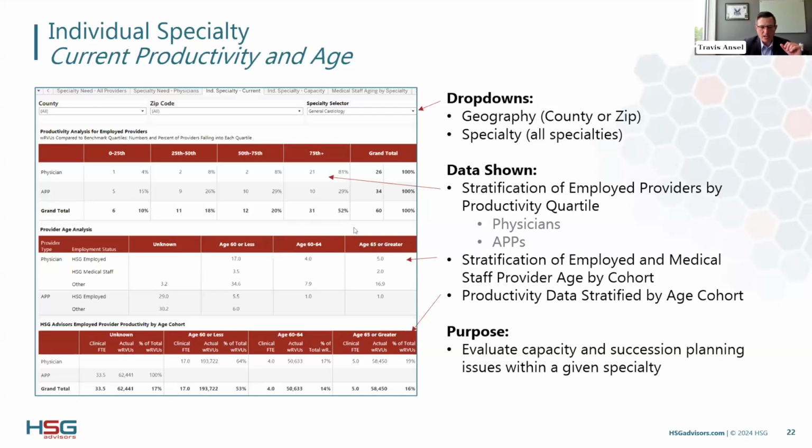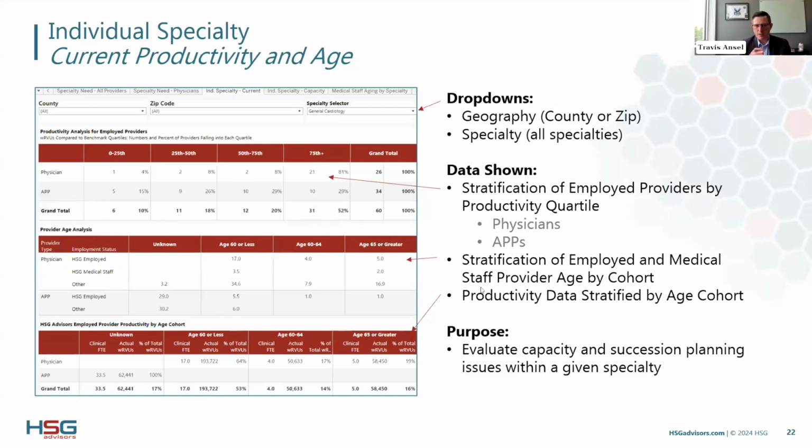And then the second part of the data on this worksheet is stratification of provider age. Typically, when we do that, we look at who we employ, who we do not employ but is on our medical staff.